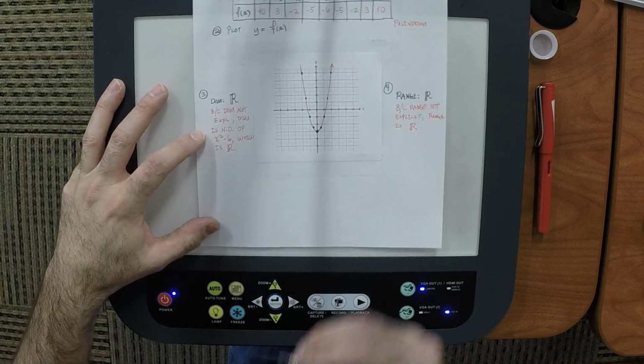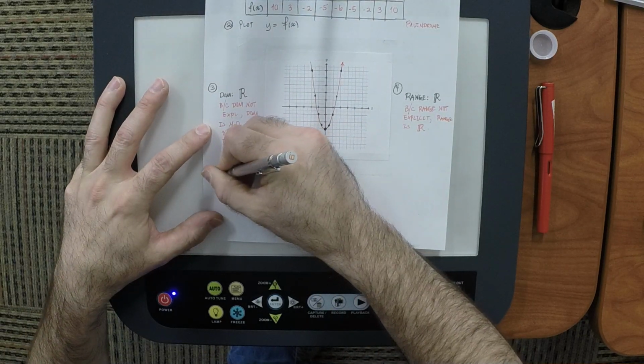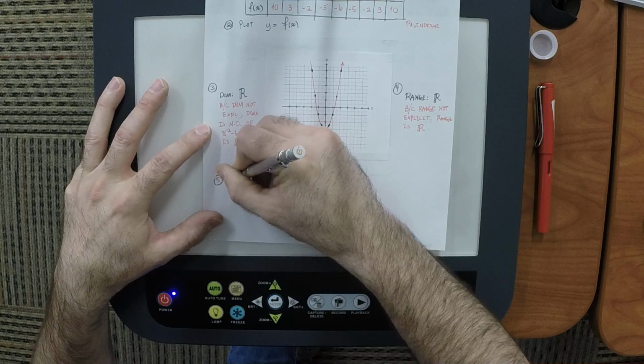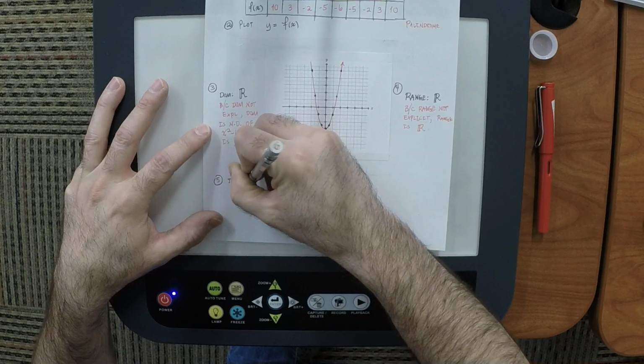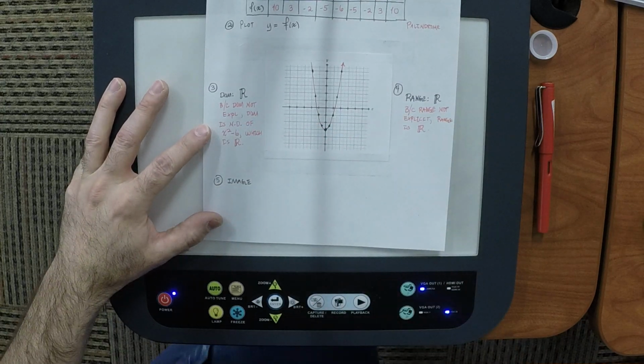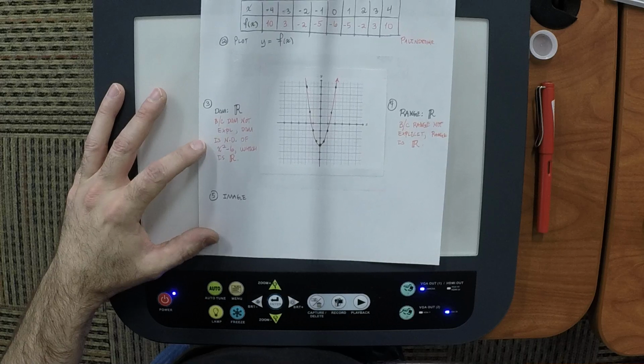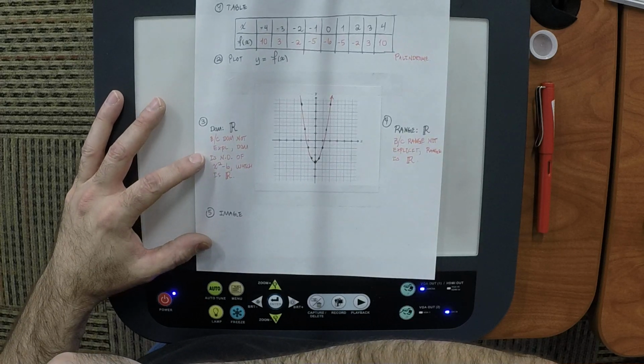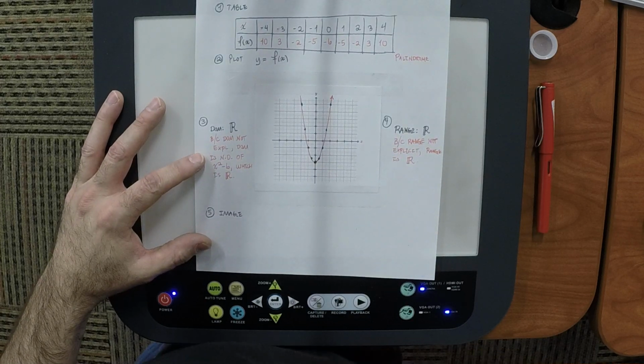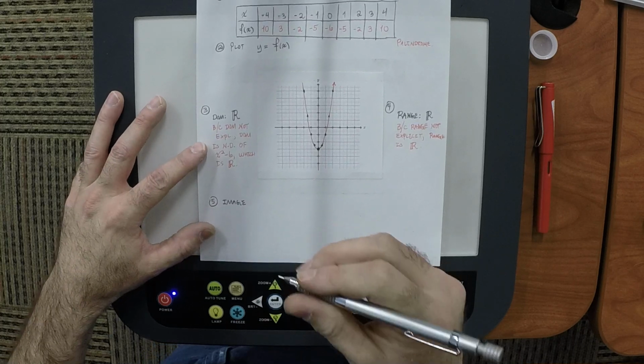Here's a different question, 5. What is the image? Now, this requires a little bit of work. Okay.